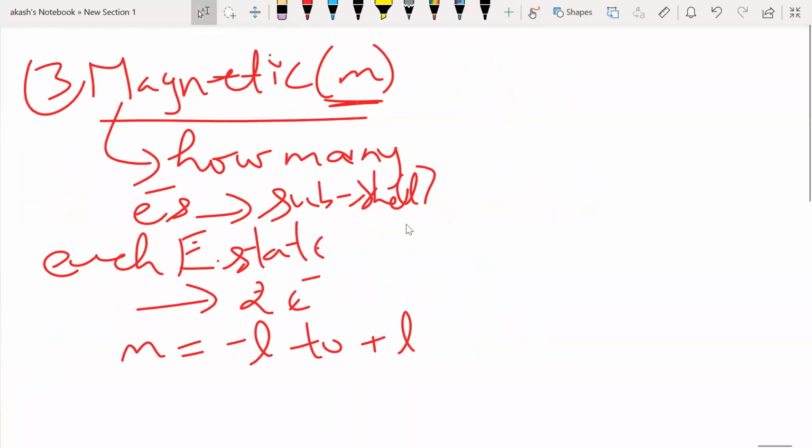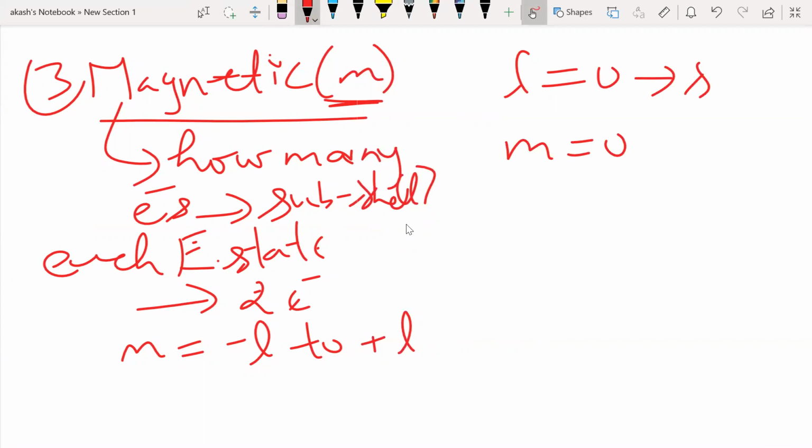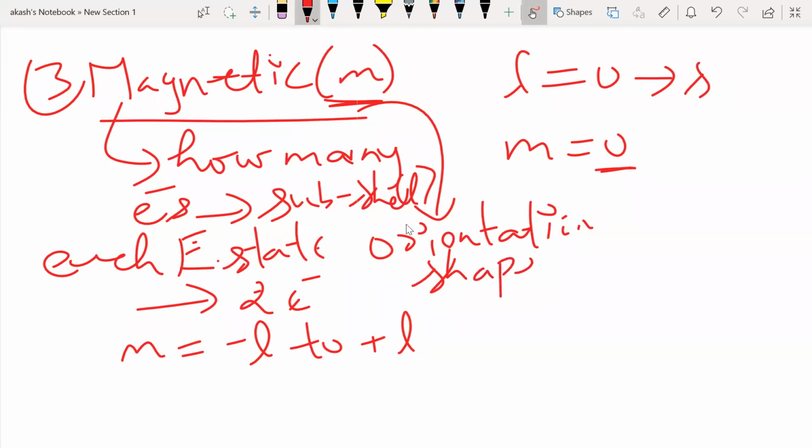So for example, when I go for L is equal to 0, that means this corresponds to S orbital. Now the only possible m value is 0. Remember, the value of this is not important. Basically, this is going to give me the orientation, or I would say the shape of the orbitals also in some sense. So m is equal to 0 means it is symmetric.